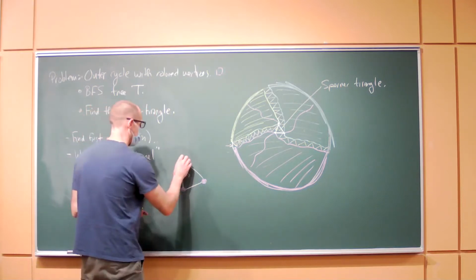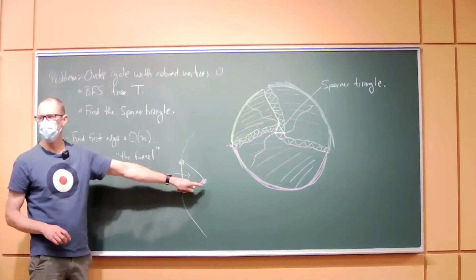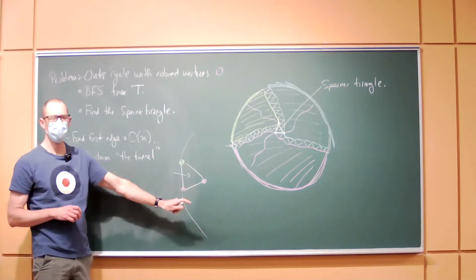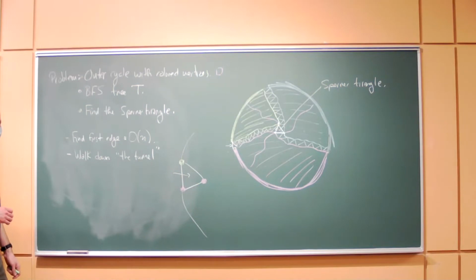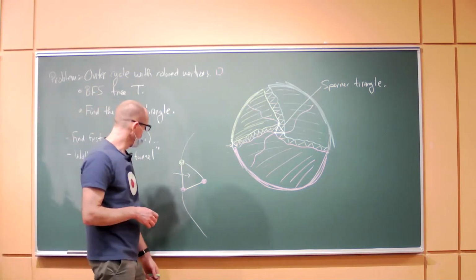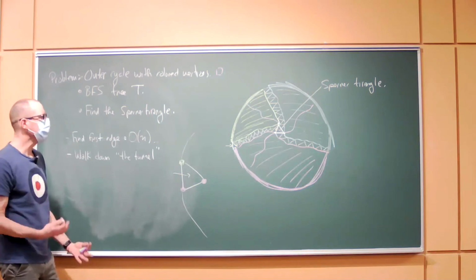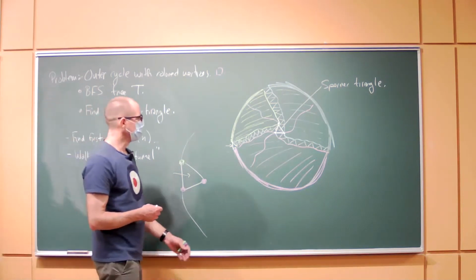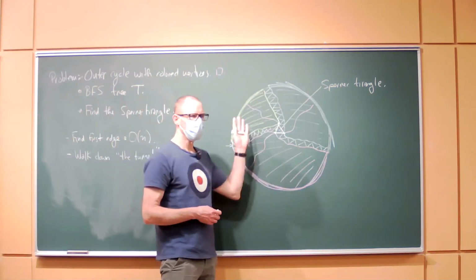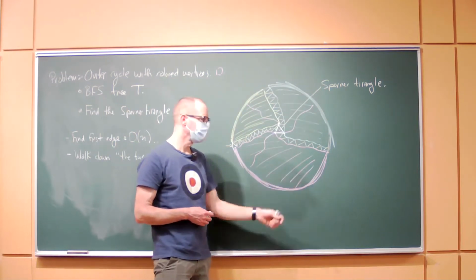Now that third vertex is not on the outer face, so it's not already colored. So I need to figure out its color. There are a few ways I can do that. One is to, before I begin, figure out the colors of everything in here by walking through the tree.